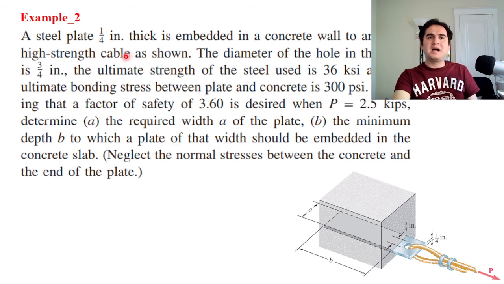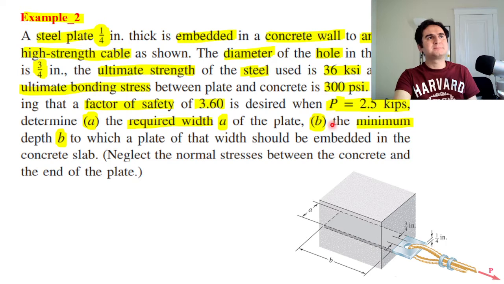If we approach the problem likewise, instead of a rod inside a block, let's go with a steel plate. A steel plate of a thickness of a quarter of an inch is embedded in a concrete block to anchor a high strength cable, as you see here, and there is a pulling out force applied here.